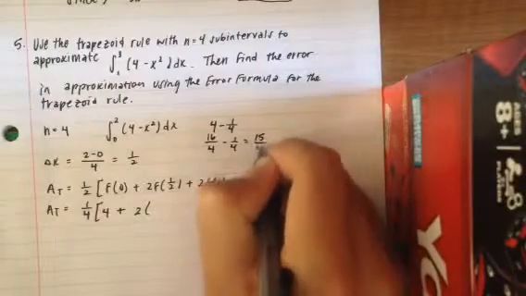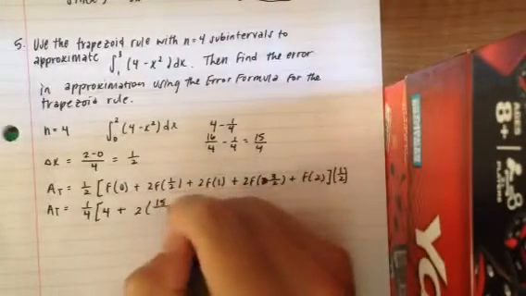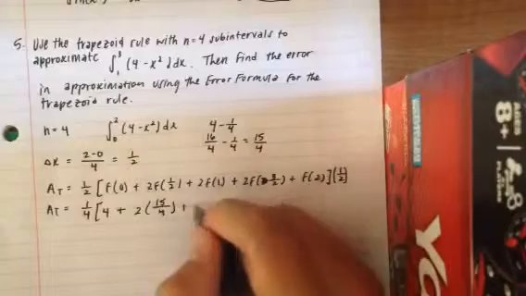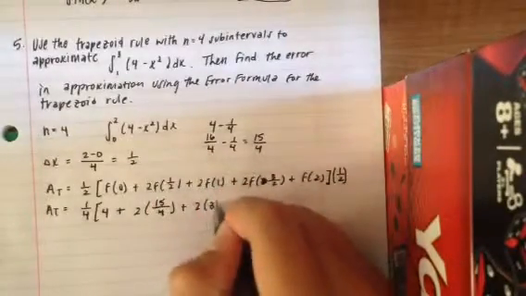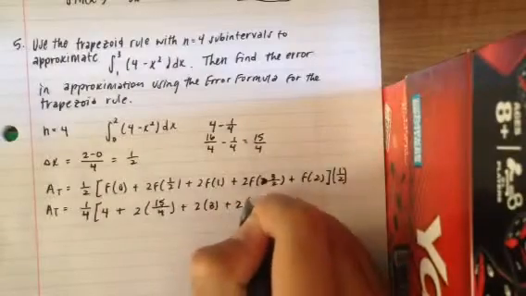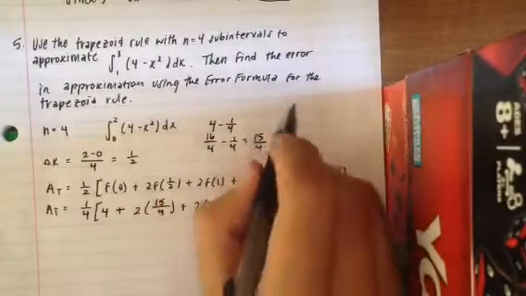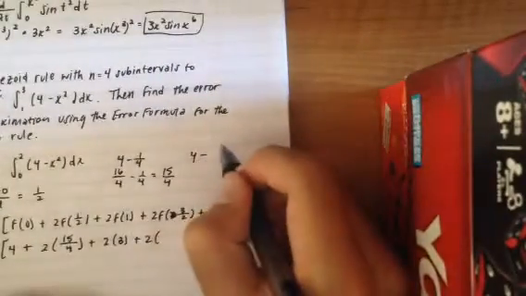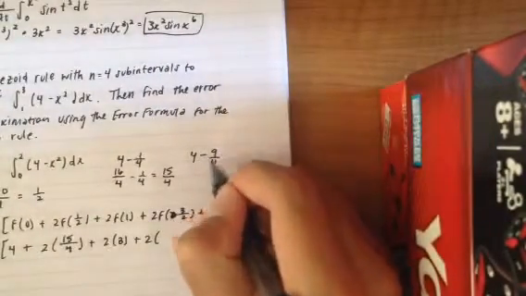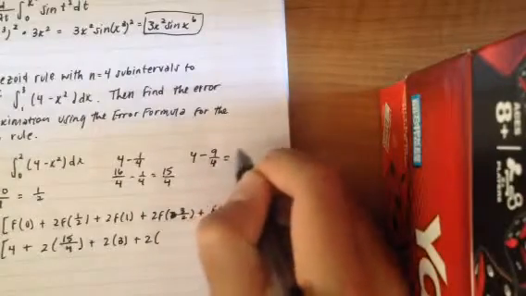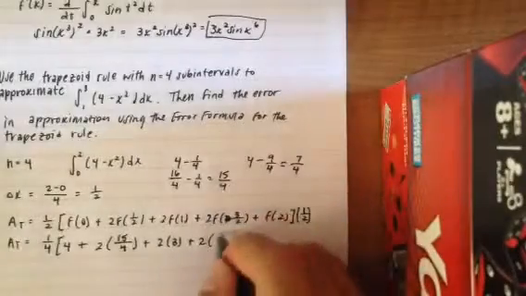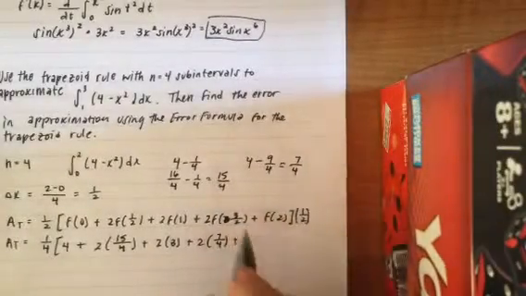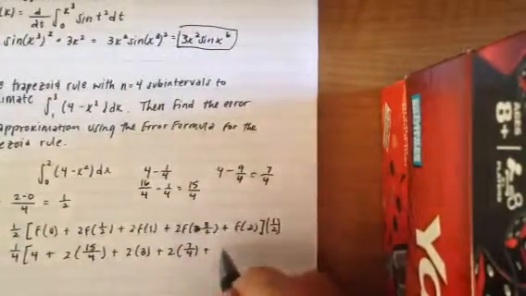Should be a 15/4. Gotta show all my work, you know. Then plug in a 1, and it'd be 4 minus 1 times 3, plus 2 times, now 3/2 squared would be 9/4, so 4 minus 9/4 is 16/4 minus 9/4, which is a 7/4, so we'll put a 7/4 there, plus, and then plugging in a 2 would just get us a 0.